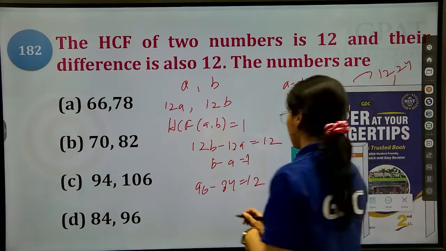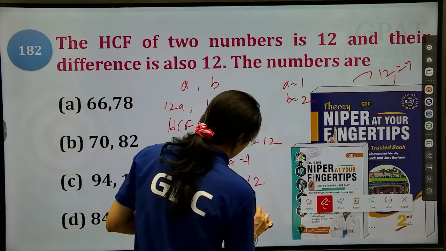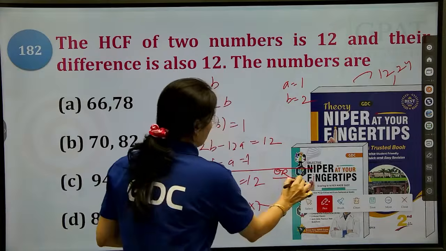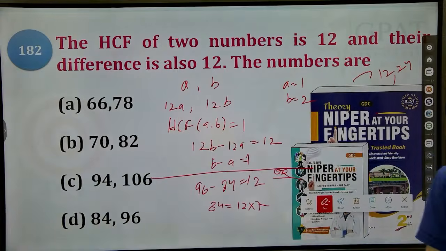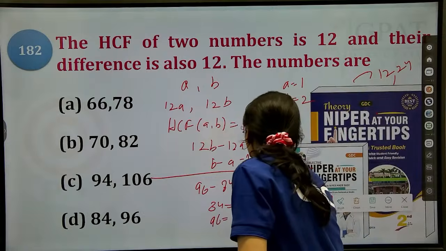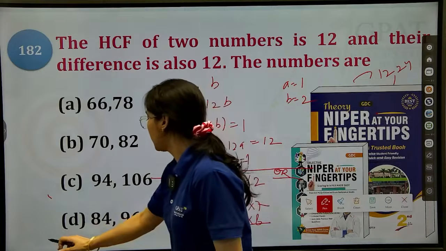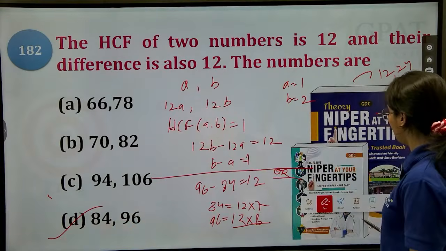So you will write 84 is equal to 12 multiply 7, and 96 is equal to 12 multiply 8. So 84 and 96 is the correct answer.